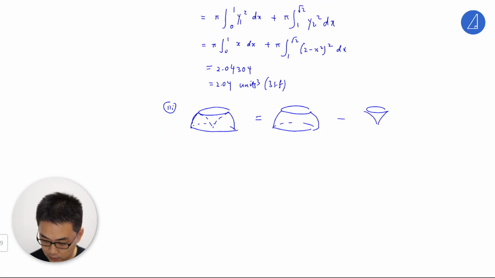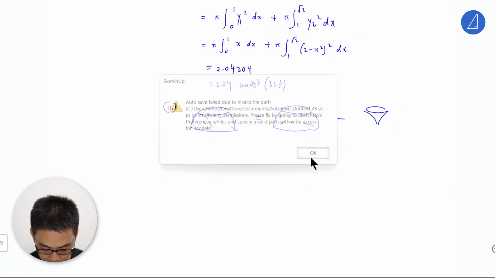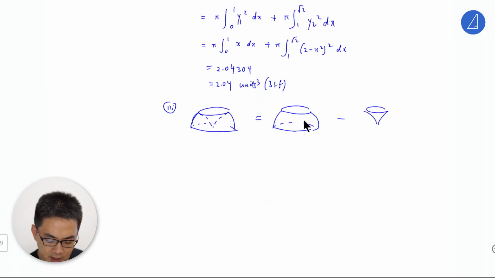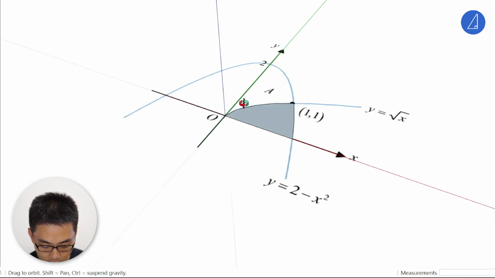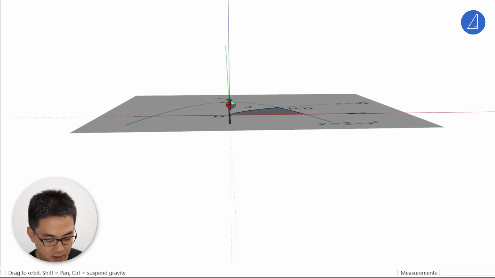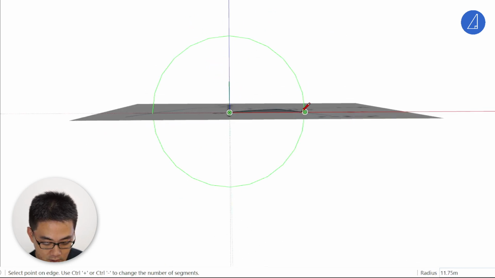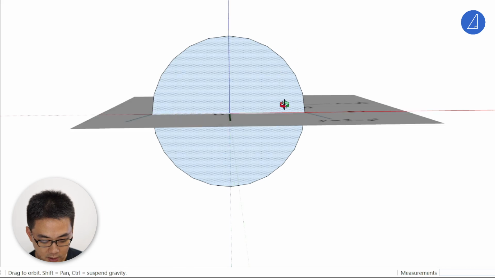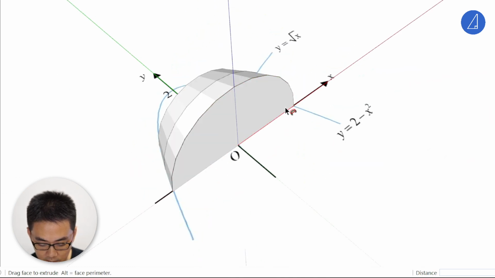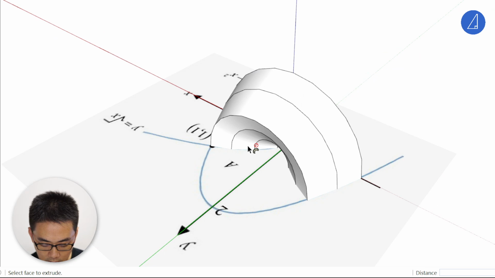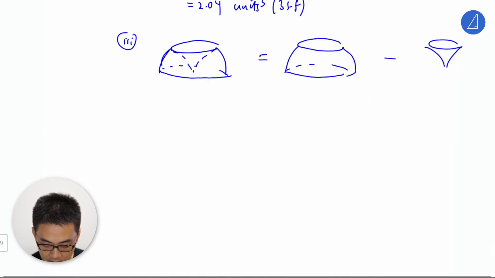Try not to memorize which one minus which one for the volume, because I realize the confusion comes when students just memorize. If you can visualize it, it is much more efficient in terms of solving. So if you rotate this about the x-axis, it looks something like that. That is minus of this one, which is the required volume.